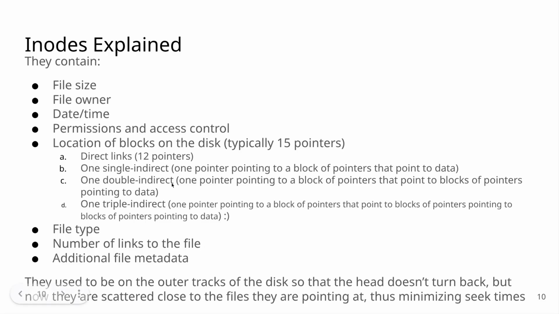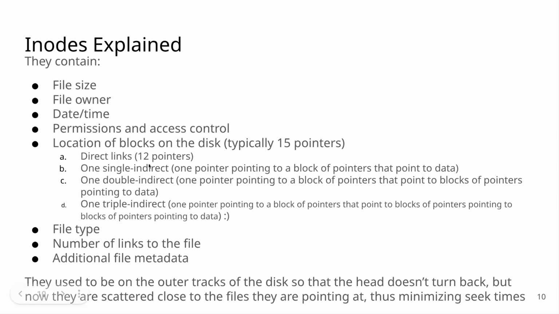So in the beginning, we have 12 pointers to blocks that actually are direct links. So it means there is space for 12 blocks worth of data. If we said a block is for example half a kilobyte long, then this can be in total 6 kilobytes worth of data.